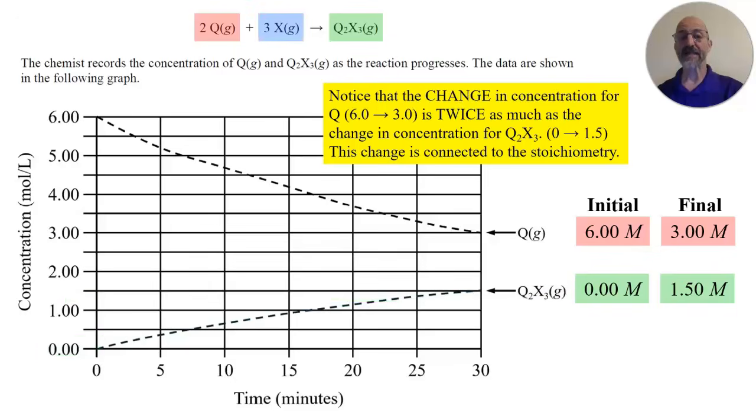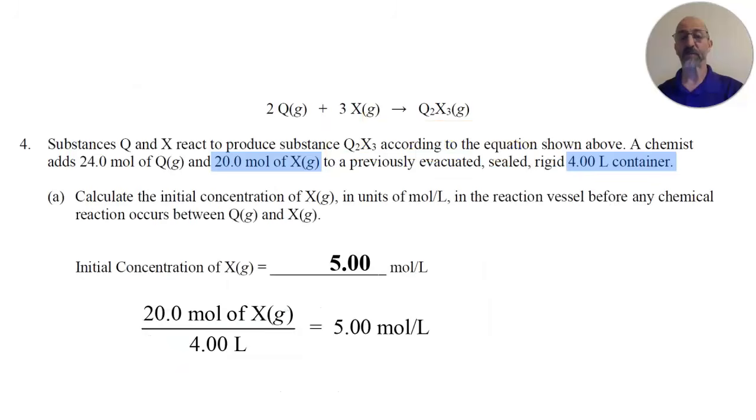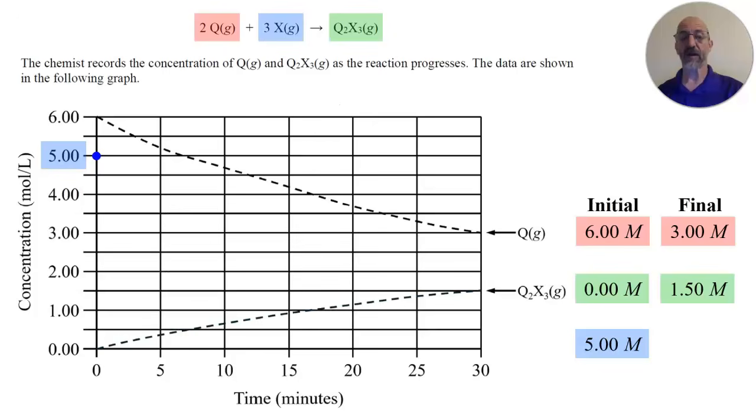Now, we didn't look at substance X yet, but let's go ahead and look at substance X. Remember that in part A, we already determined that the initial concentration of substance X is 5 moles per liter. So I'm going to put a 5 right there on the graph at time 0.